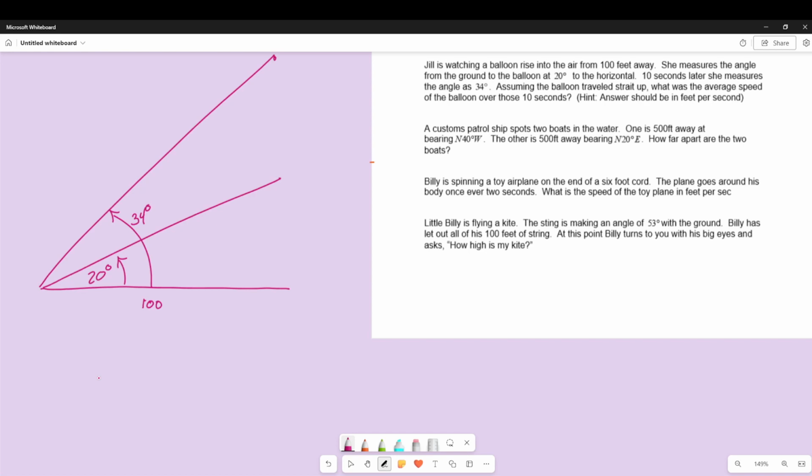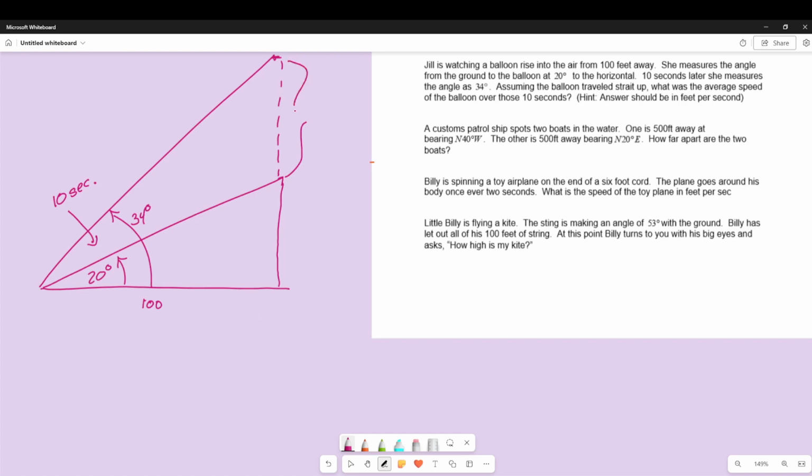I've exaggerated that here. And we're specifically told in this one that that angle took 10 seconds to be produced. And we're asked, assuming the balloon went straight up, what's its average speed?